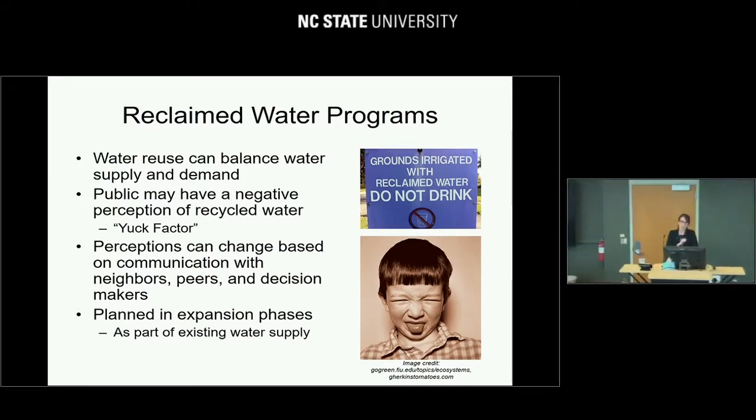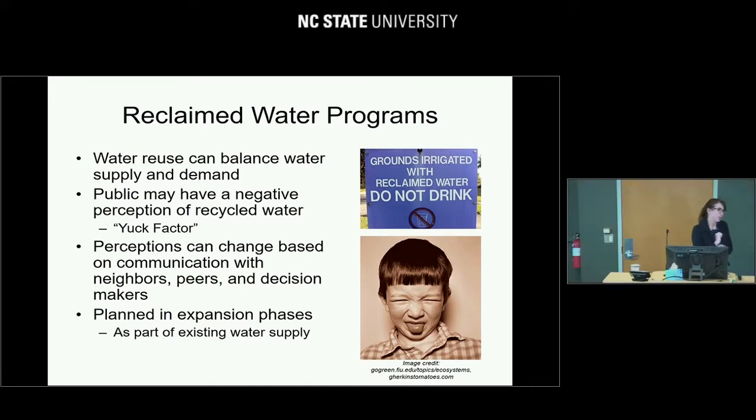You might be surprised. But water reuse is a great way to balance demand and supply, to provide a sustainable way forward for using our water resources. But there's what has been termed a yuck factor, and that is just the idea of distaste, or the idea that something's dirty, even though you might cognitively know it's fine, like it's good to go.